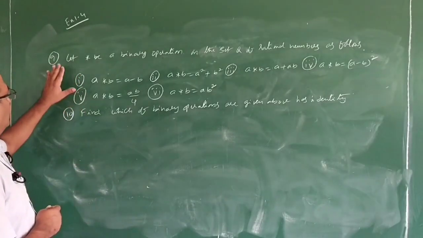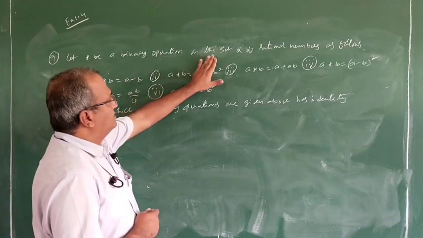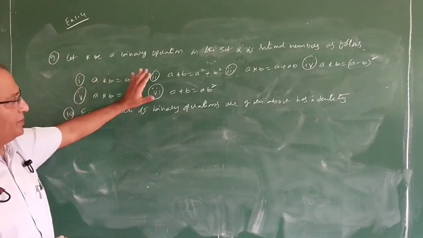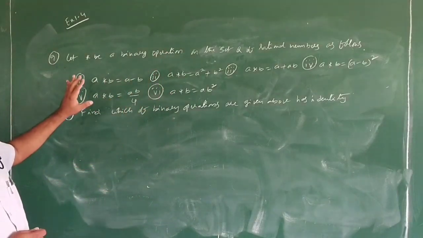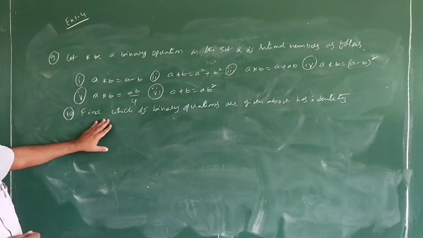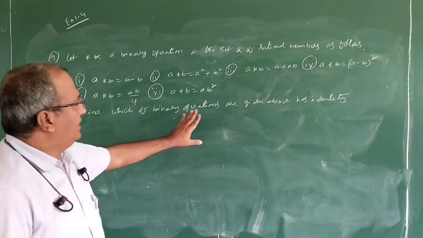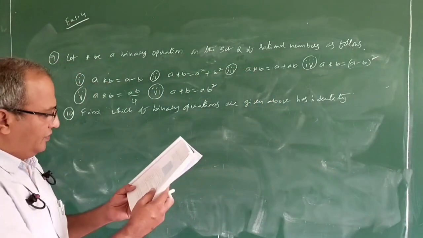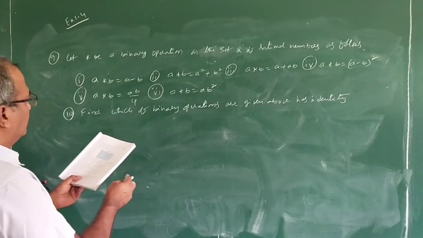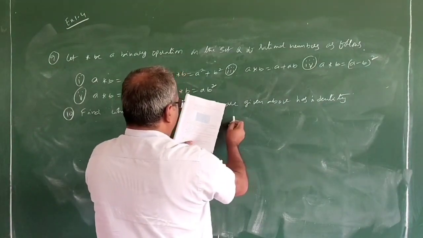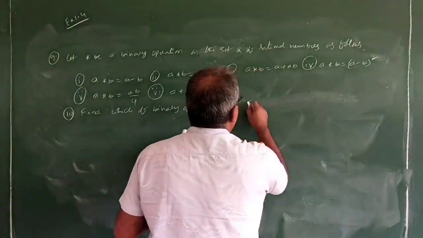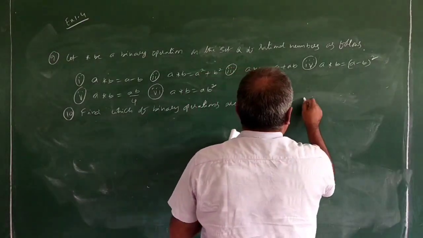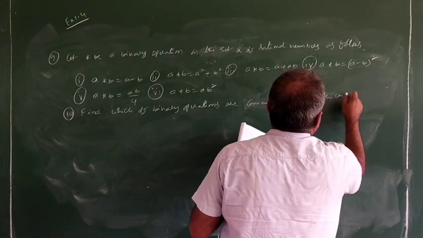See problem number 9. Let star be the binary operation on the set Q of rational numbers as follows. Here a total of 6 binary operations are defined. So we have to check which of these binary operations are commutative and which are associative.